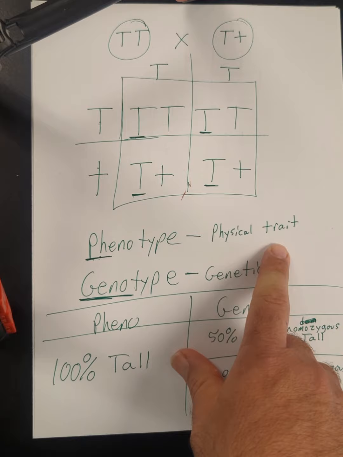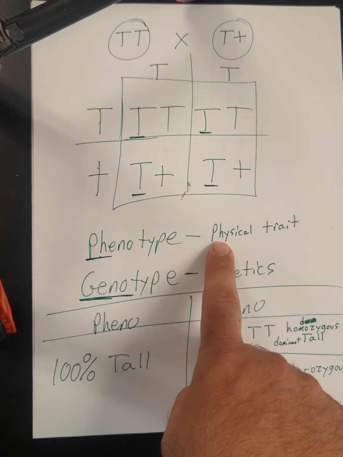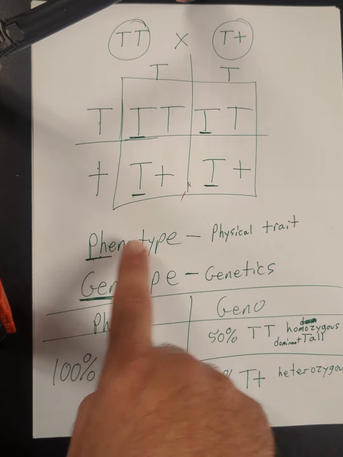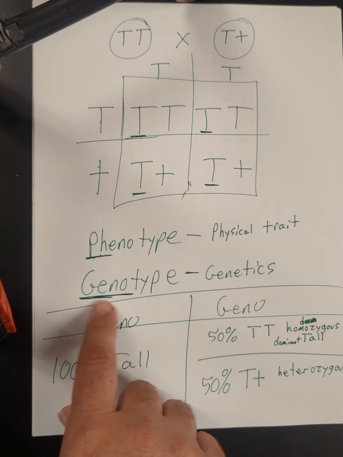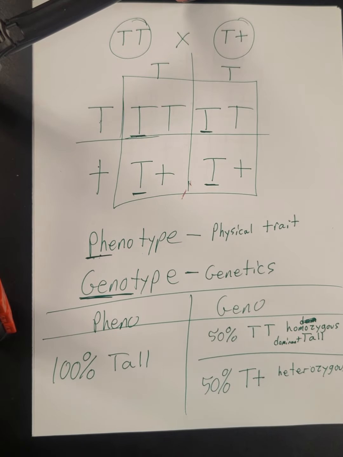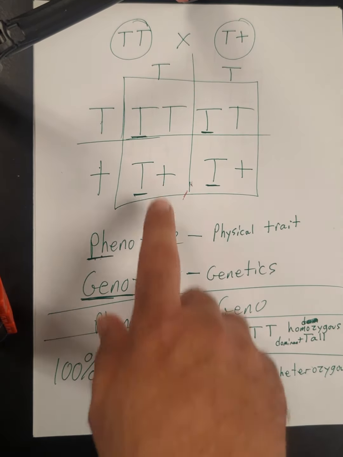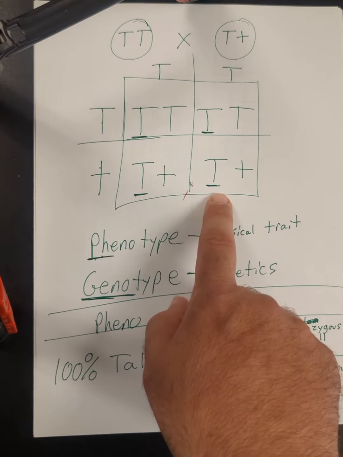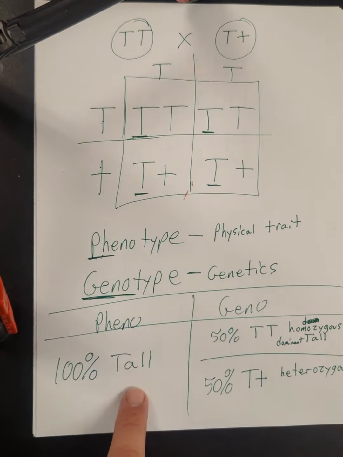Phenotype is the physical characteristic. So I remember that physical starts with the pH, and so does phenotype. So the physical phenotype. Genotype starts with gene. So that's the actual genetics at play. So for example, in this Punnett Square, for phenotype, 100% of them, every offspring from these two parents will have the tall dominant gene.